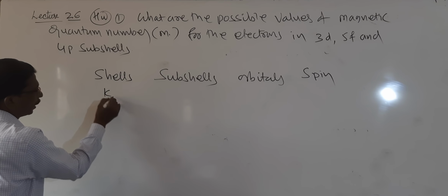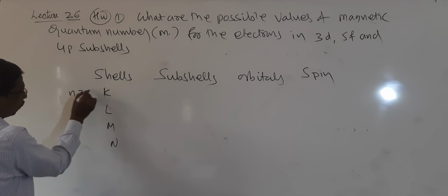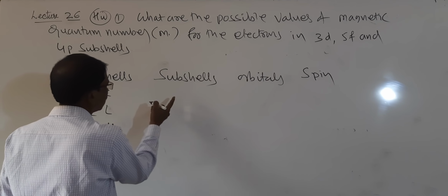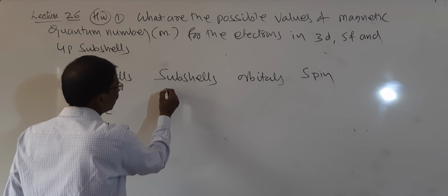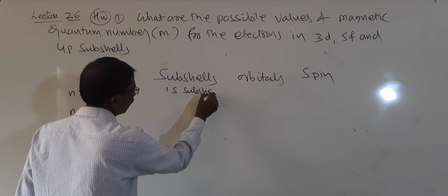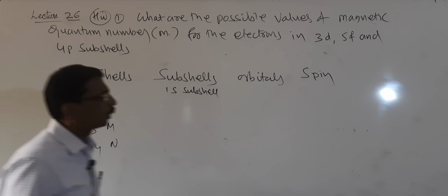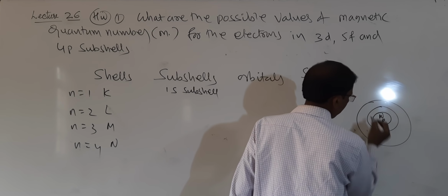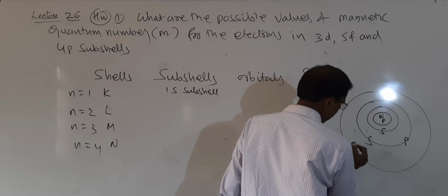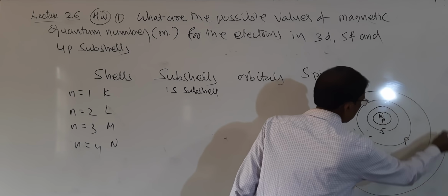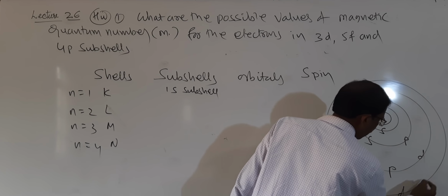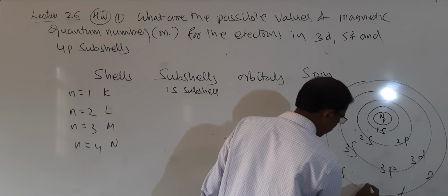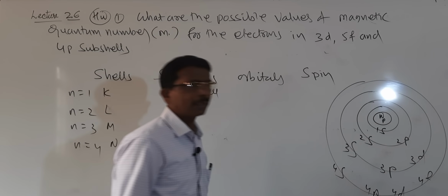Shells means K, L, M, N, that is n is equal to 1, 2, 3, 4. For n is equal to 1 there is only one subshell. For n is equal to 2, if you draw the diagram like this, s, p, d and f: 1s, 2s, 2p, 3s, 3p, 3d, 4s, 4p, 4d and 4f.